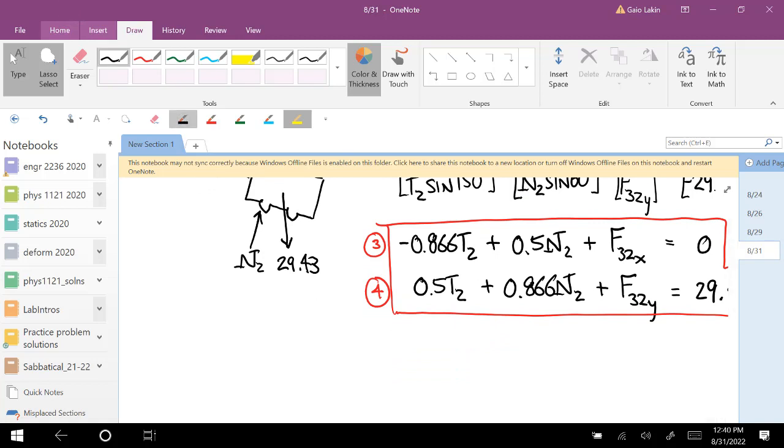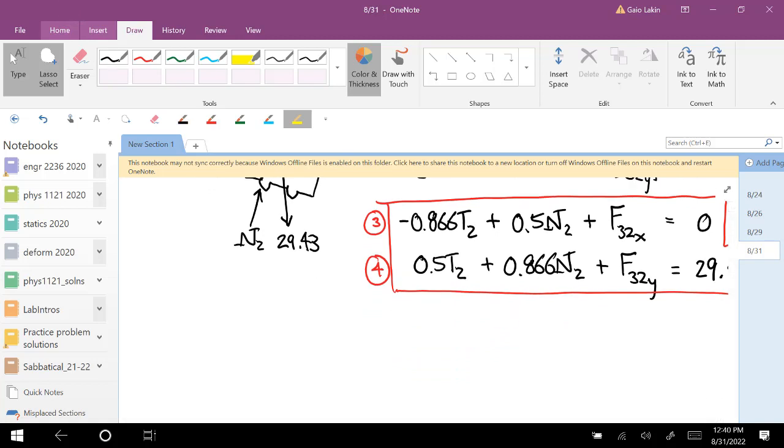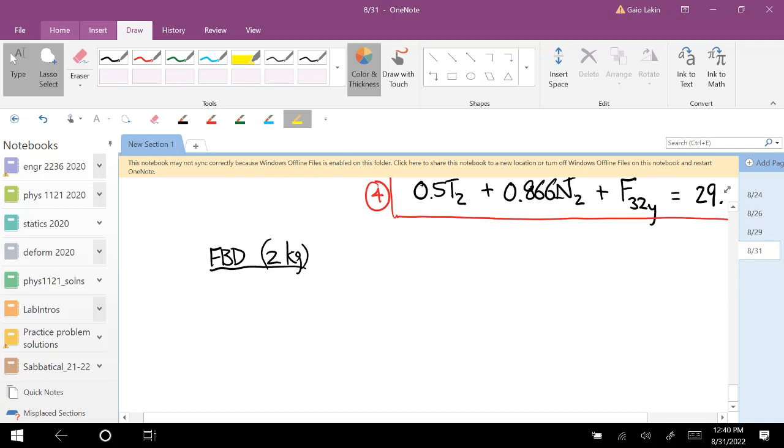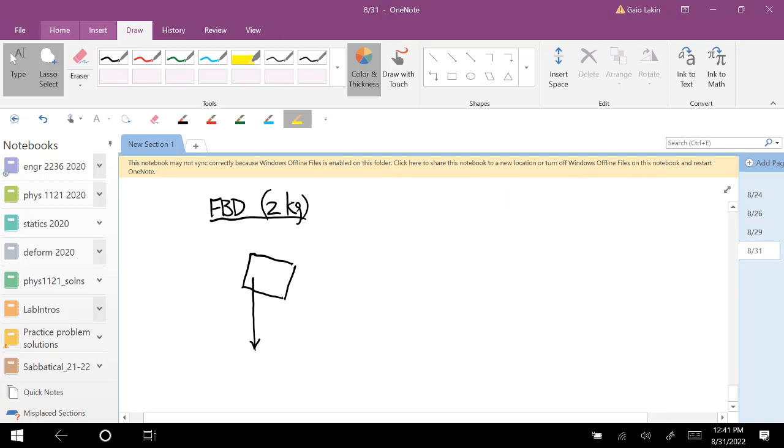And then the last one is the 2 kilogram. There's a weight force of 2 times 9.81, so 19.62. And then there's the force on 2 by 3.